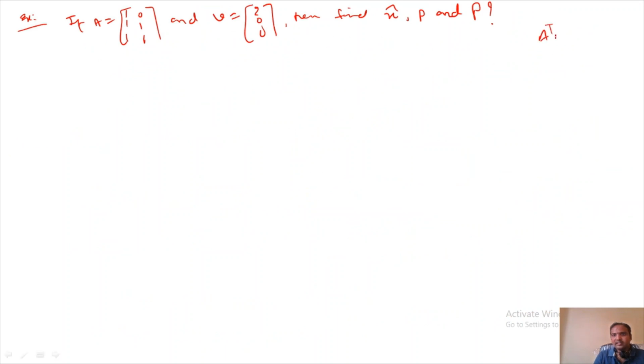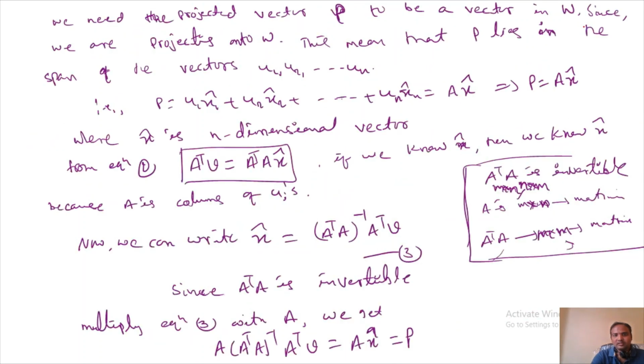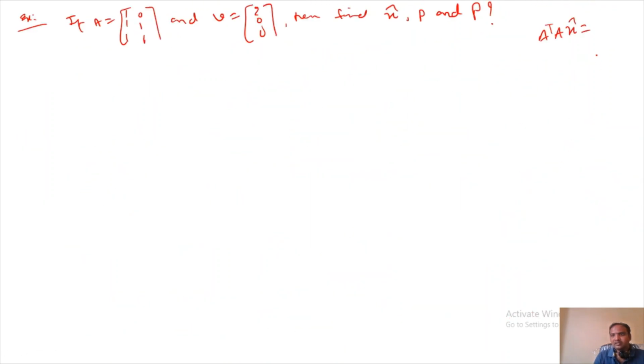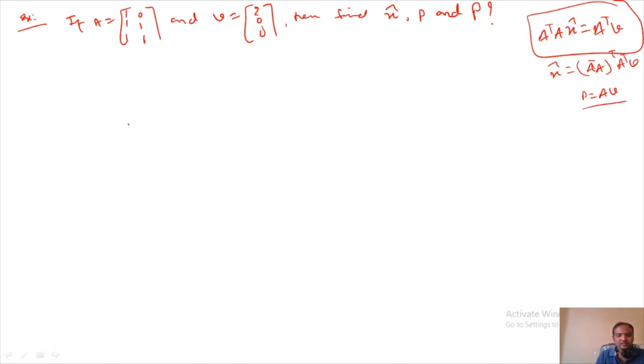A transpose A X hat equal to A transpose B. So using this you can find X hat equal to (A transpose A) inverse into A transpose B. If you know X hat, then p equal to A X hat, and capital P is the projection matrix. That's all.